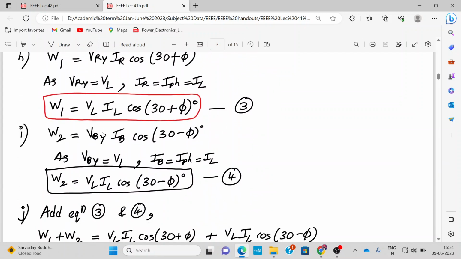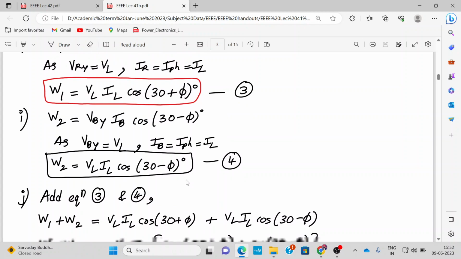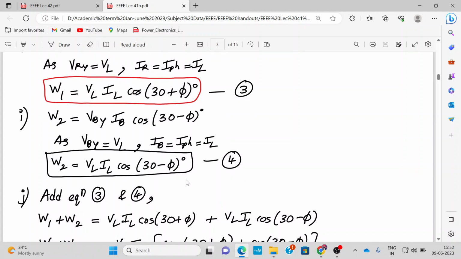In terms of line voltage, W1 is VLIL cos(30 plus phi), which will be used in one of the numericals, and W2 is VLIL cos(30 minus phi). Which is greater depends on phi: the smaller the angle, the greater the value. So in this context, W2 is greater than W1, because if you add the angle phi, the cos of that angle will have a lesser value.